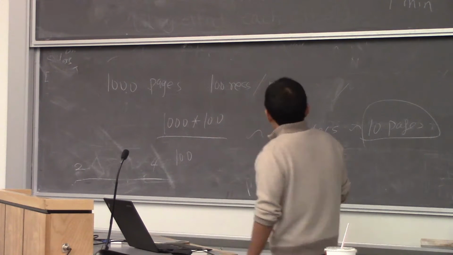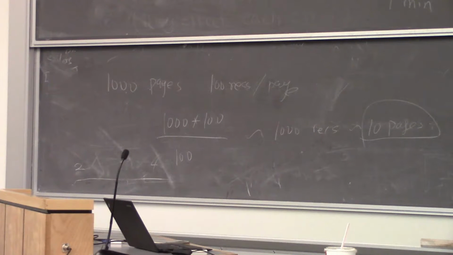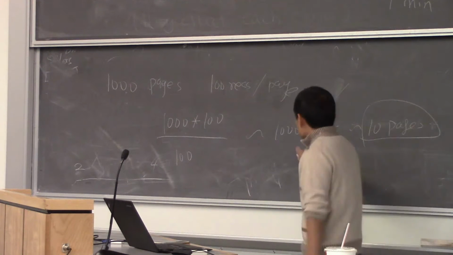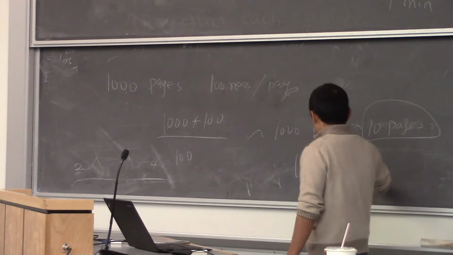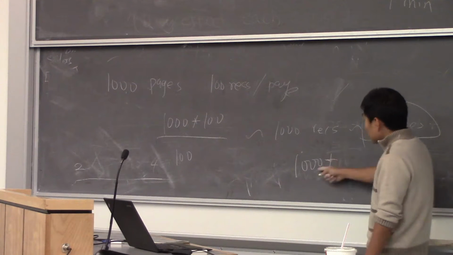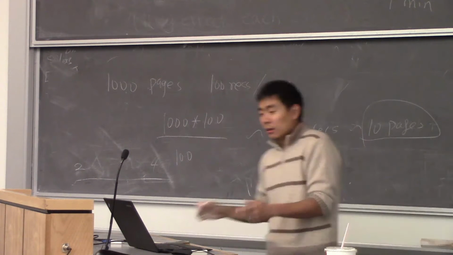In this case, I don't have to materialize this selection. I can do this on the fly because I have index. So I don't have to really do 1,000 plus. I use the index to get these 10 pages on the fly. You follow me?